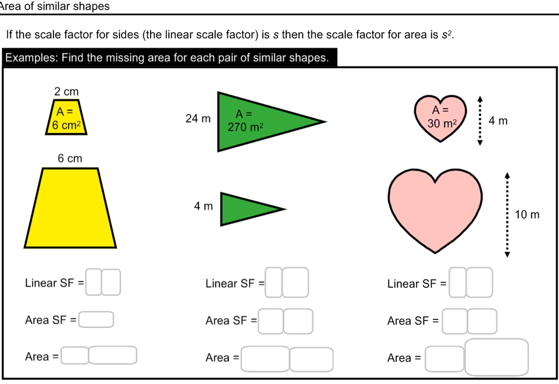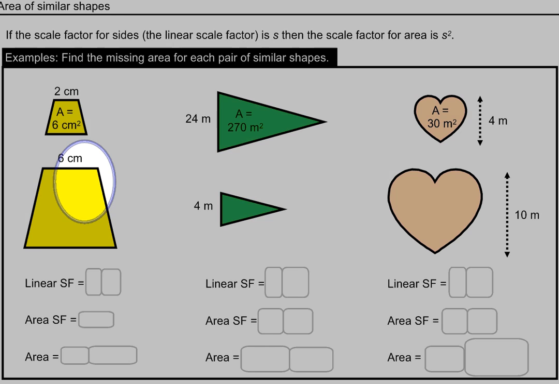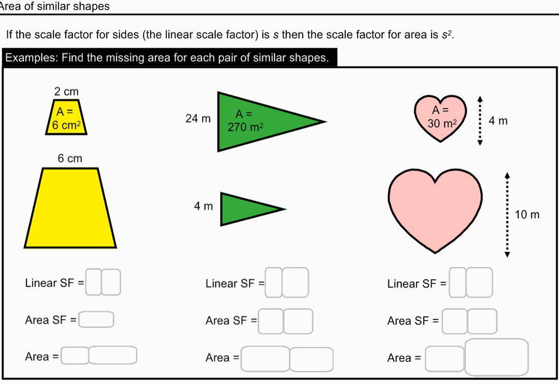Looking at the first pair of shapes here, well, I need to find my scale factor. I'm trying to find the area of the larger shape. So using my corresponding sides, my scale factor will be 6 over 2, the larger over the smaller. That gives me a scale factor of 3.